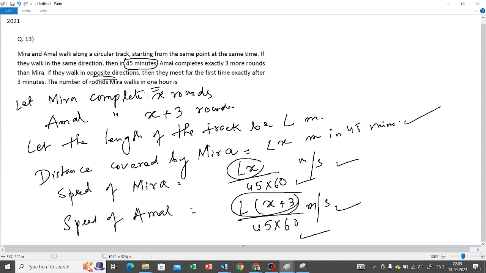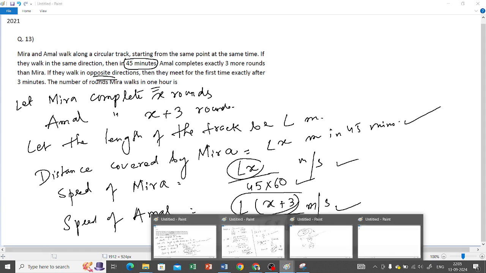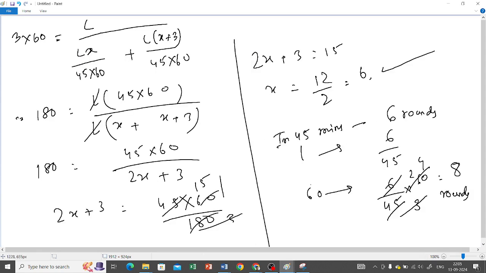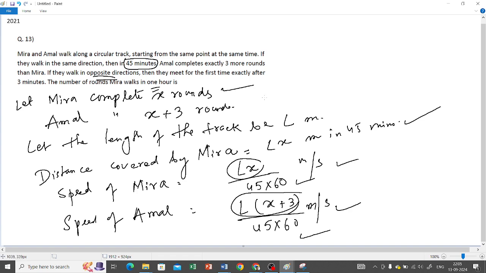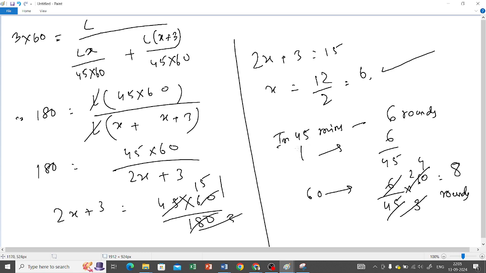So in 45 minutes, Mira moves 6 rounds. In 1 minute, Mira moves 6 by 45. Therefore, in 60 minutes, that is 1 hour, 6 by 45 into 60 gives you 8 rounds.